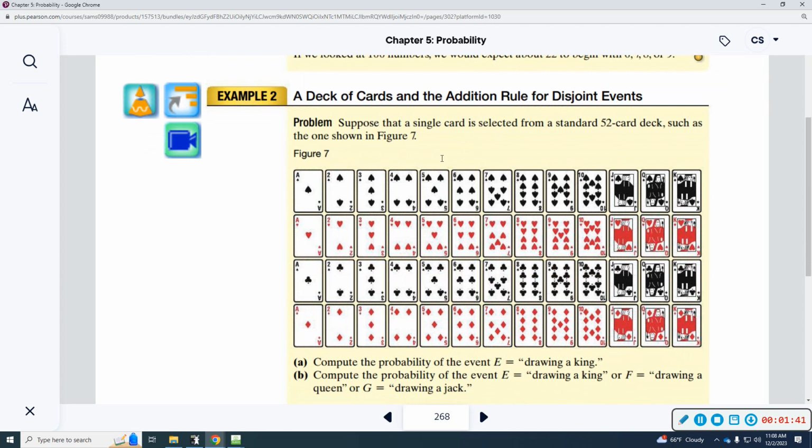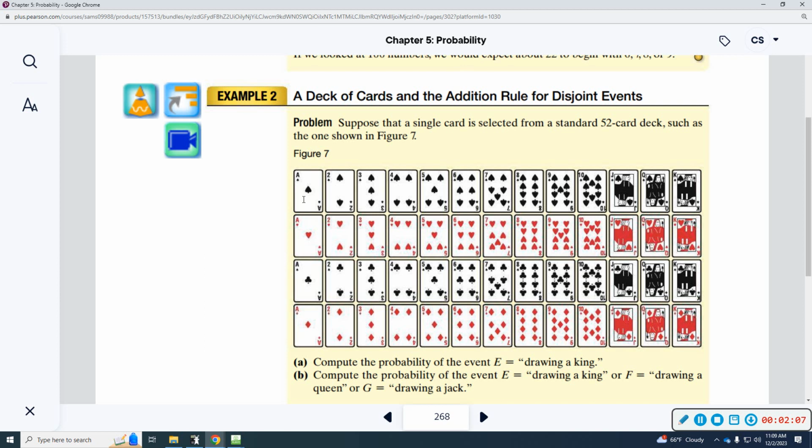So here's a deck of cards. You will see some problems that involve knowing a deck of cards. So if you're not familiar with playing cards, there's 52 cards in the deck, and they tell you that here. There's 4 different suits. 2 of those suits are black, so half of those 52 cards are black, and then the other 2 suits are red, so that means half of them are red.